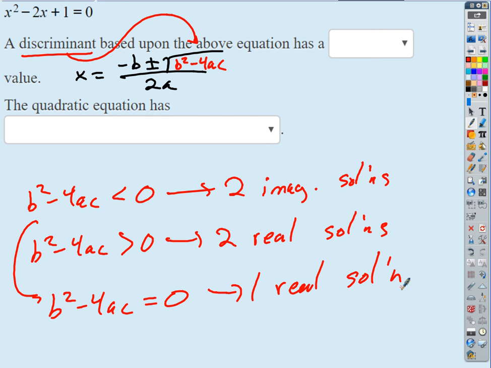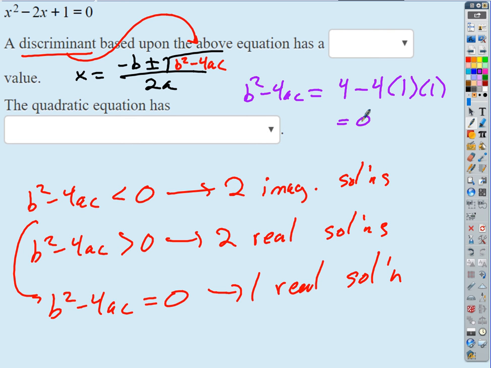So we don't have to do any of the hard stuff in the quadratic formula. We just have to figure out, is b squared minus 4ac positive, 0, or negative? I don't even really care what its value is. I just got to know which one of those 3 things it is. So if we calculate b squared minus 4ac, what is that going to give me? 4 minus 4 times 1 times, what's that equal to?